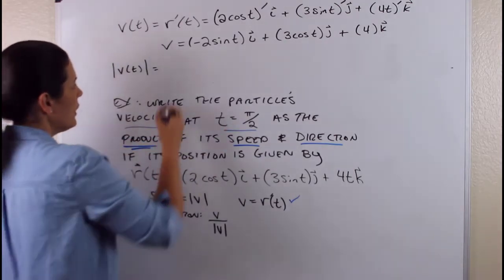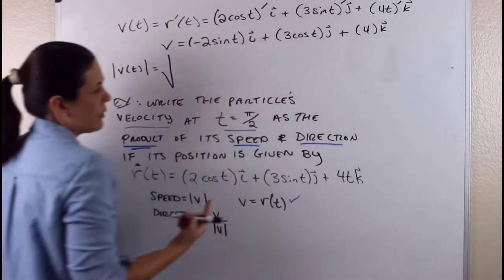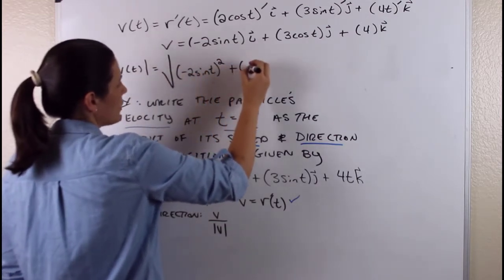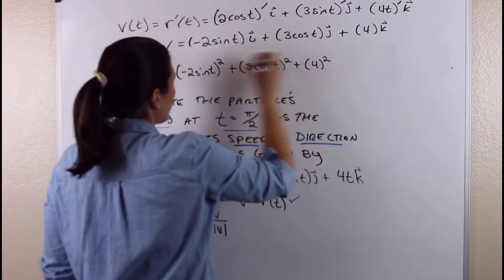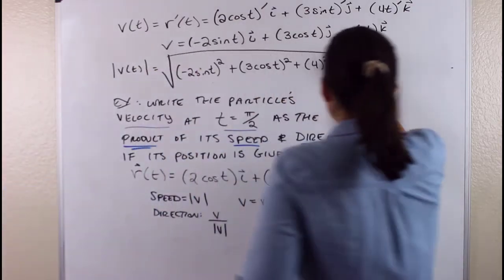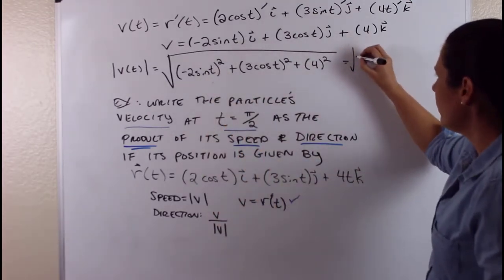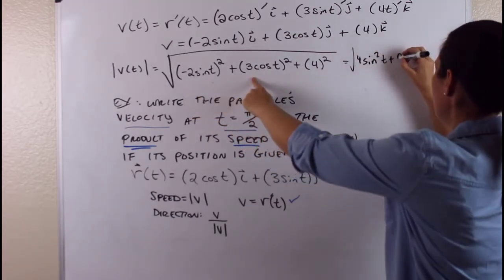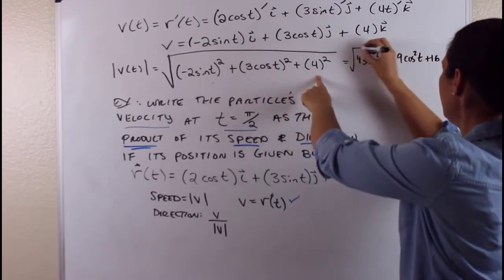The magnitude is the square root of the components squared and added: negative 2 sine t squared plus 3 cosine t squared plus 4 squared, all under the square root. So this is the square root of 4 sine squared t plus 9 cosine squared t plus 16.